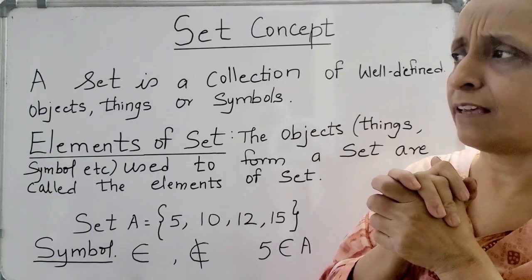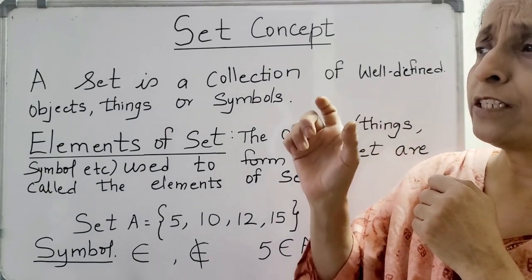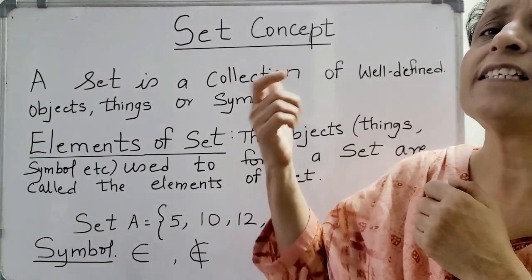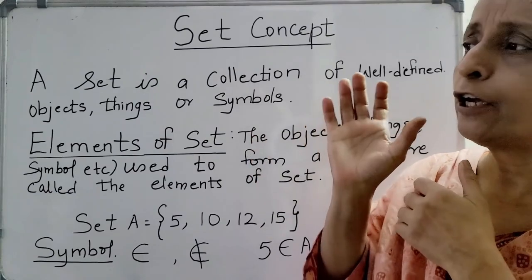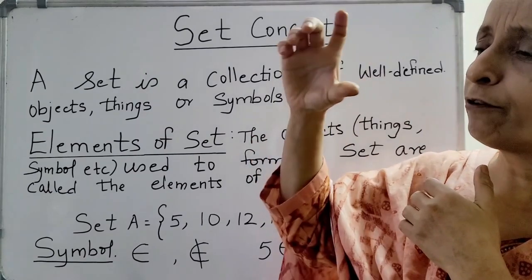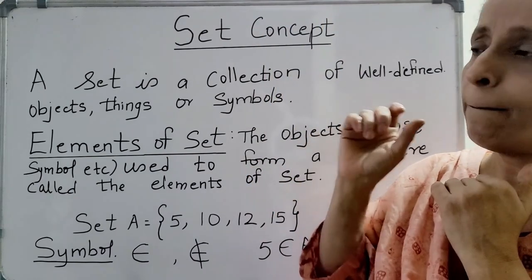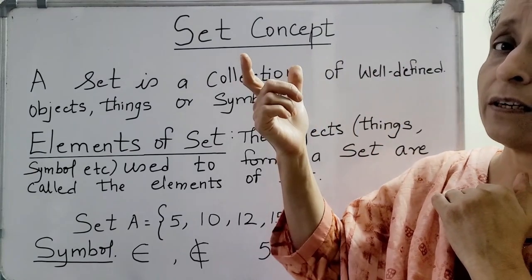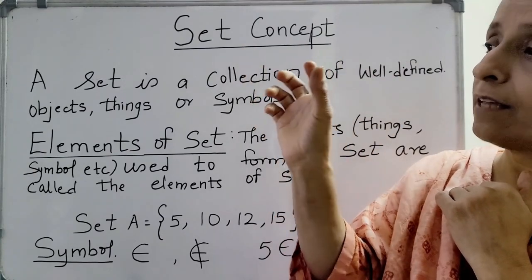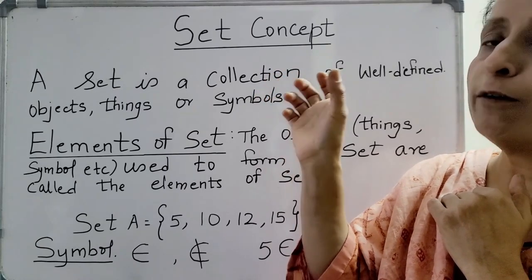Now, if I say a number of tall boys in class 10th, then it is not well defined because you don't know what you have to take as tall and what you have to take as short. But if I say the boys taller than Peter, that group of boys who are taller than Peter forms a group.